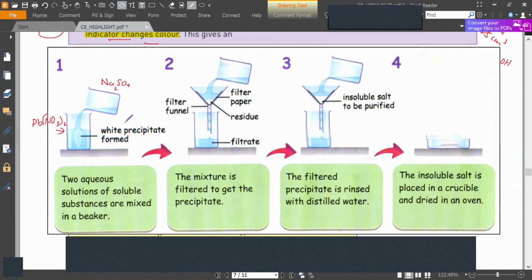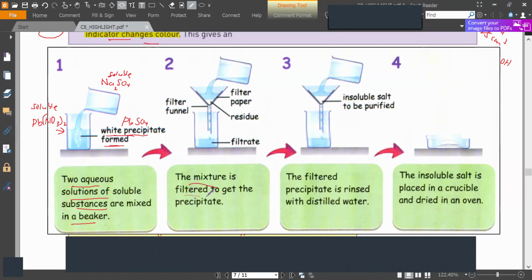We mix them together and we form the white precipitate of lead sulfate. Two aqueous solutions of soluble substances are mixed in a beaker. So we start with soluble and then soluble, mixed together, we get the white precipitate, the product.